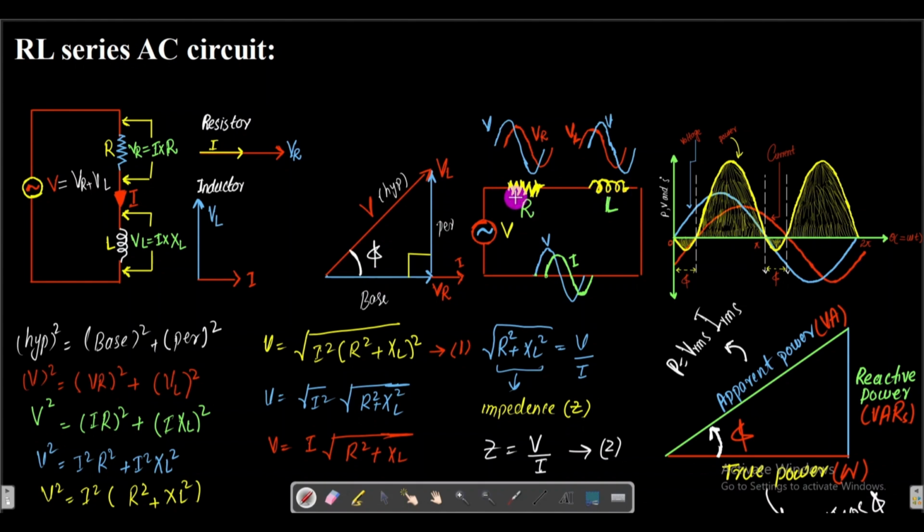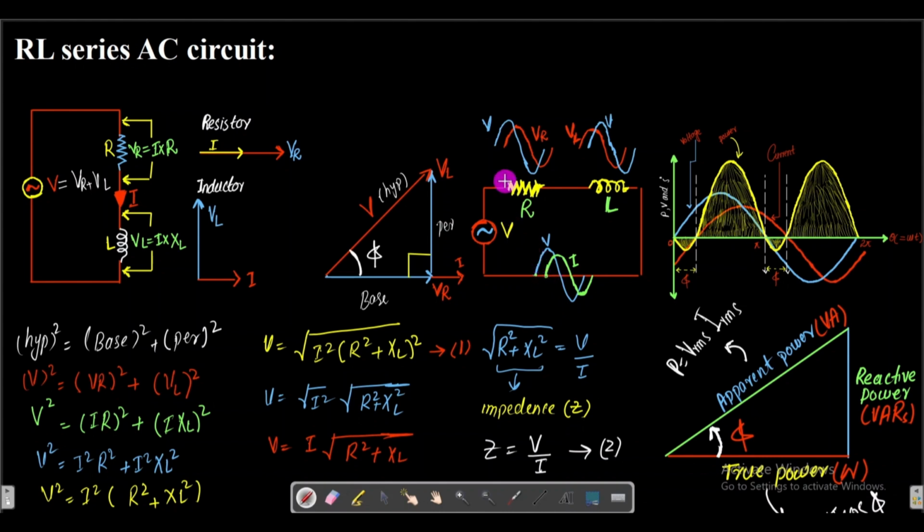When the voltage falls across this component and this component, we will have some current and voltage, and in this case that voltage will be leading this current, which is also given by this phi. In this phasor diagram, the current is on the x-axis, and the voltage is making some angle phi with the x-axis, leading this current. Therefore I have made this.